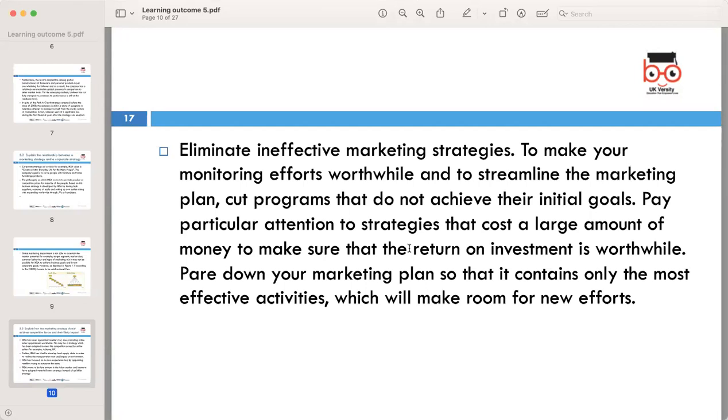Pay particular attention to strategies that involve significant costs and ensure that the return on investment justifies the expenditure. By trimming down your marketing plan to retain only the most effective activities, you will create space for new initiatives and enhance overall efficiency.